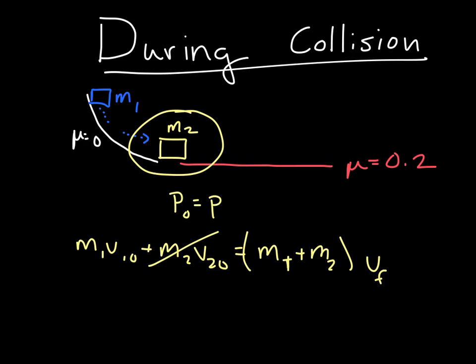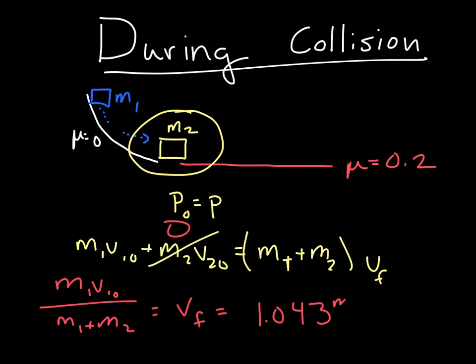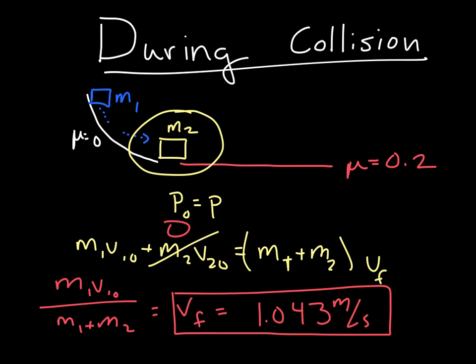Now, this has no momentum, so that is 0. So you get m1 v1 initial over m1 plus m2 equals v final. And if you calculate this out, you will get your final velocity is 1.043 meters per second. So this is how fast this conglomerate is going after the collision.